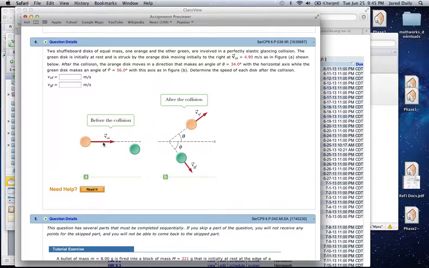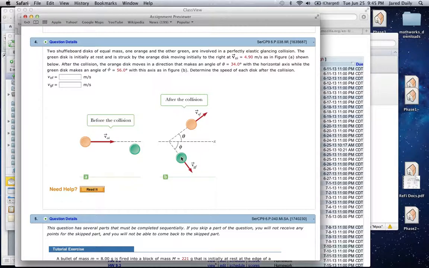But you're going to calculate. It's easy to know what the momentum is in the y direction, because this one's moving in the x direction, this one's not moving at all. There is no momentum in the y direction initially. So there is momentum in the y direction after the collision, and those two y momentums are going to have to cancel out to 0. So the velocity of this thing in the y direction times its mass has to equal the velocity of this one in the y direction times its mass. Right?